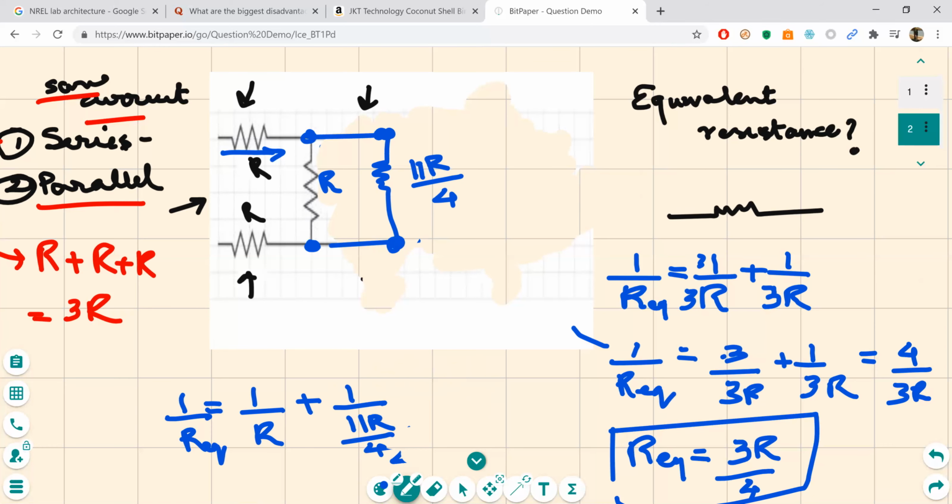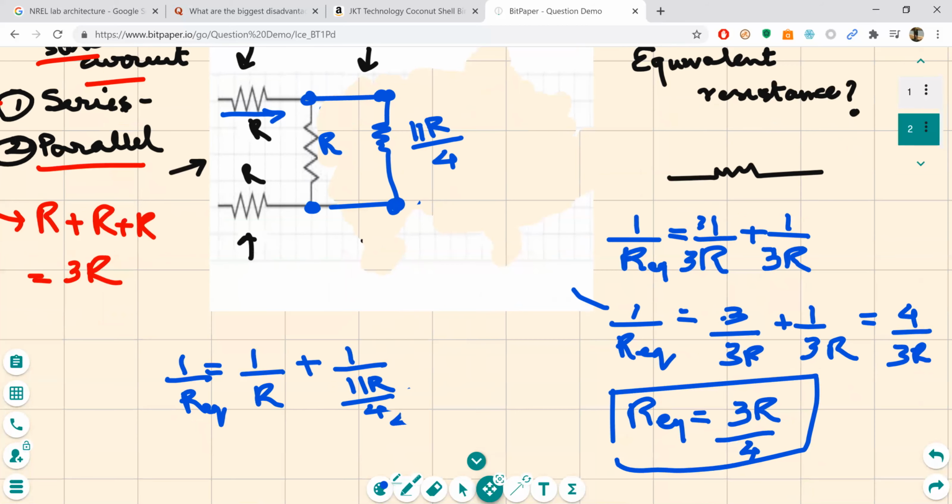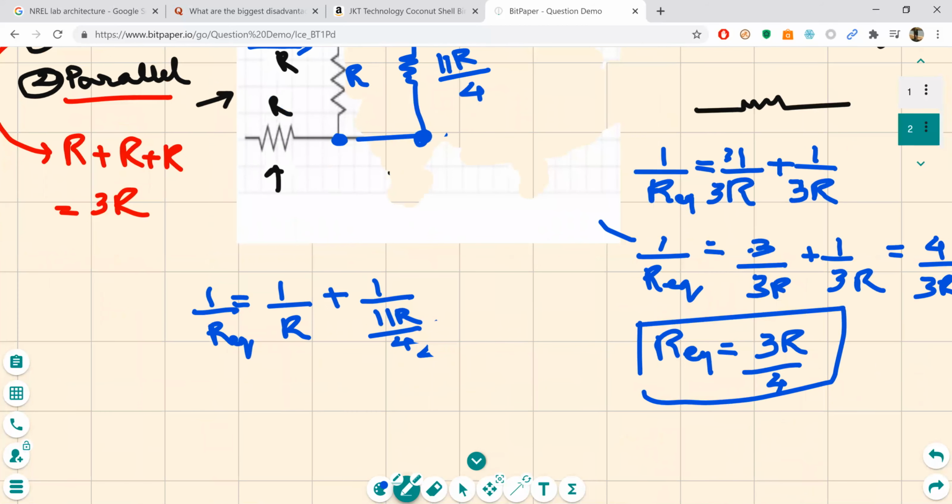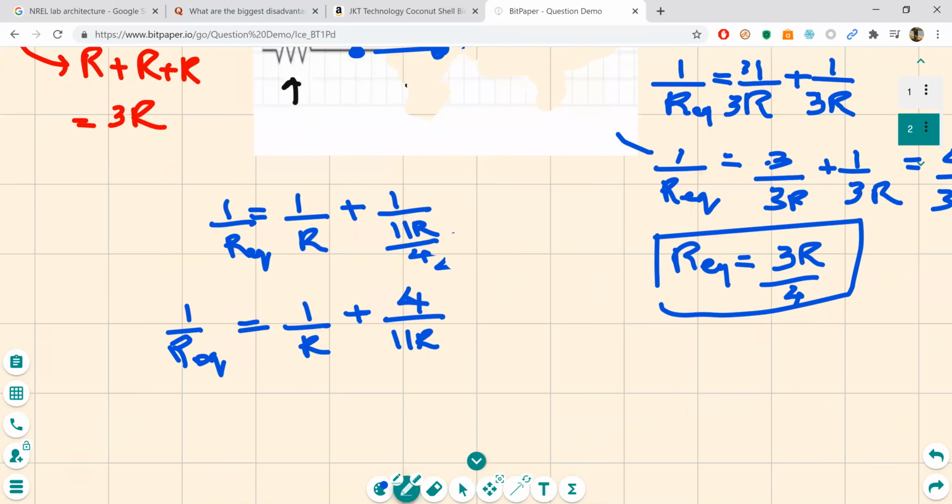And what is 1 over a fraction? The flip of that fraction. So it's going to be 4 over 11R. So 1 over R equivalent equals 1 over R plus 4 over 11R, and so we're going to get 5 over 11R.